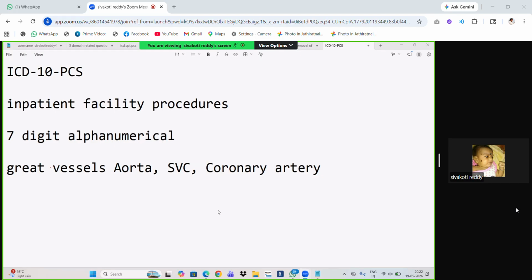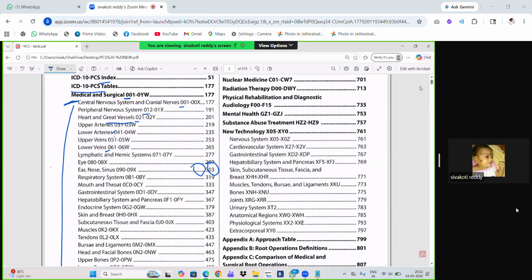Noted. Yes, sir. Next. Third, upper arteries, lower arteries, upper veins, lower veins.